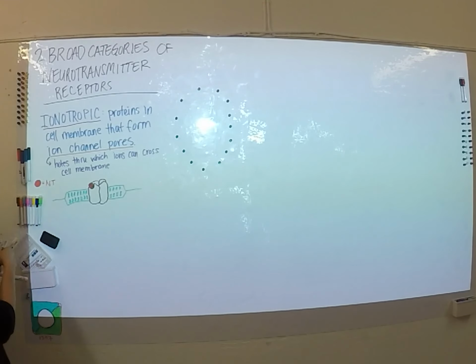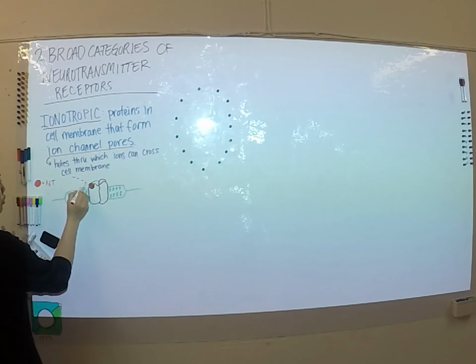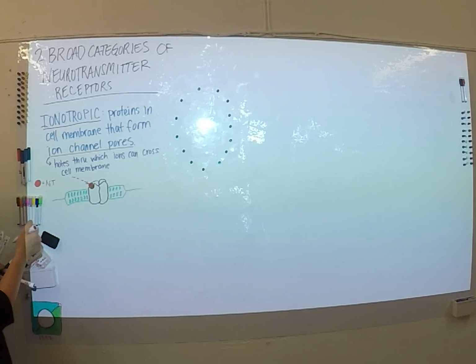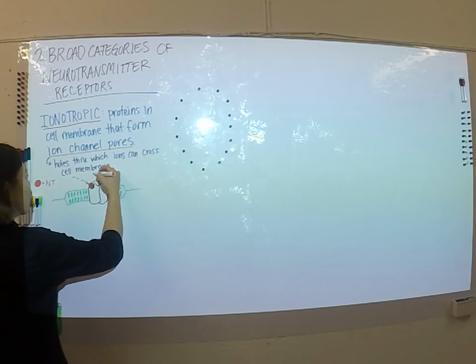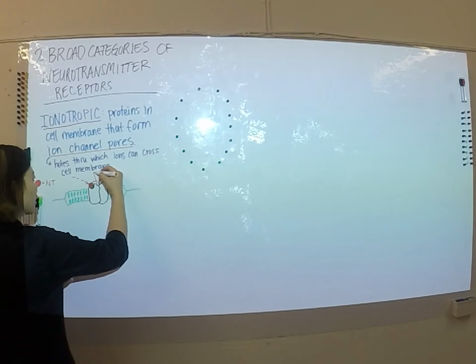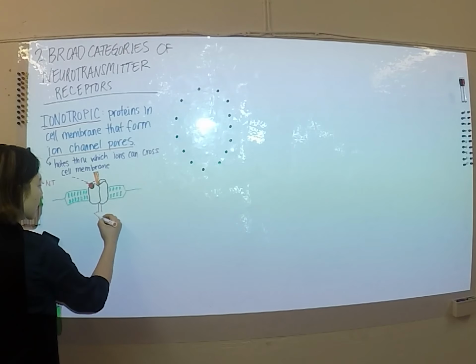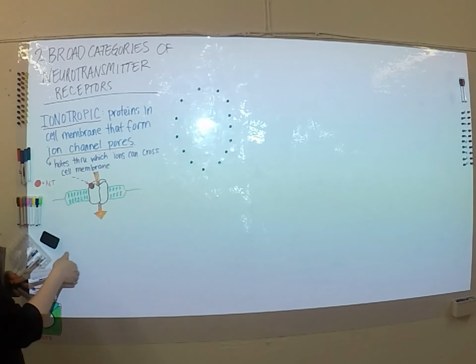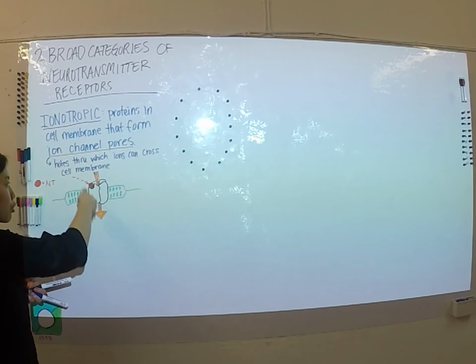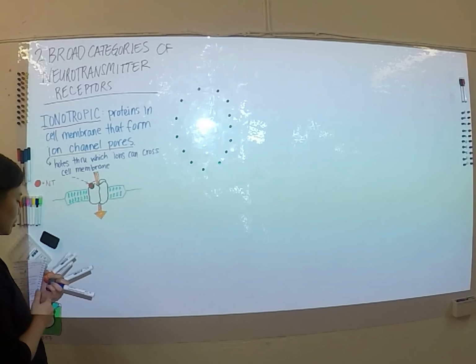So when a neurotransmitter arrives, and it clicks into place, this means that now the ion pore is open, okay? And this means that ions can now flow into or out of the cell, basically through the protein. It now has a channel.